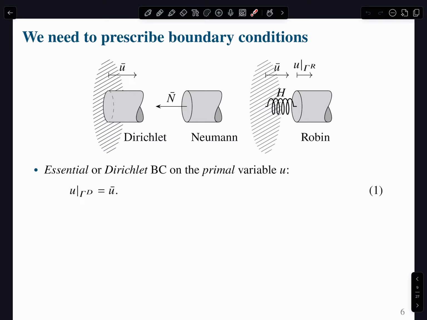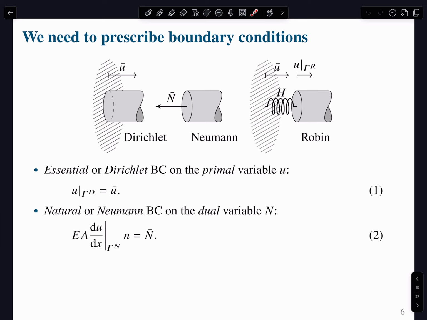That is essentially a Dirichlet boundary condition on the primal variable u. So u, our displacement field for this case, is our primary variable. And normally we state that boundary condition saying, well, the restriction of the displacement field at gamma d, the part of the boundary that has that prescribed boundary condition, is equal to u bar. Okay?